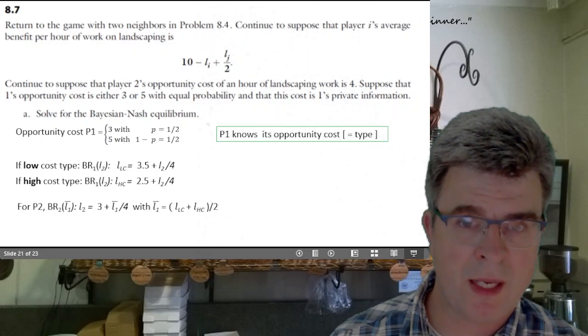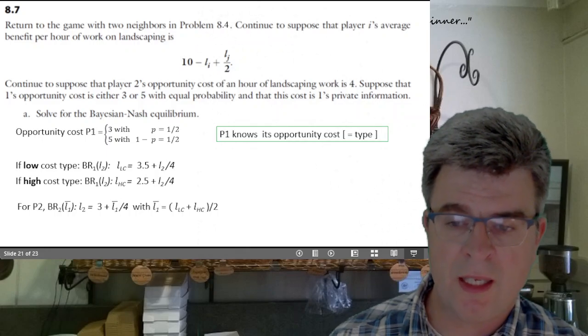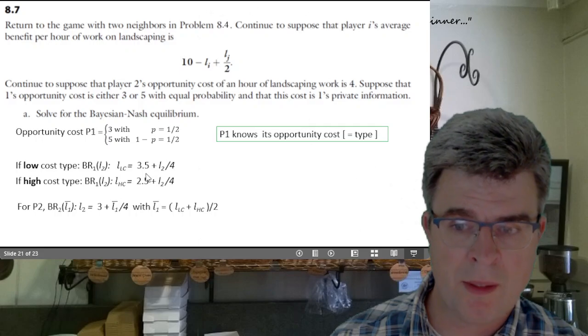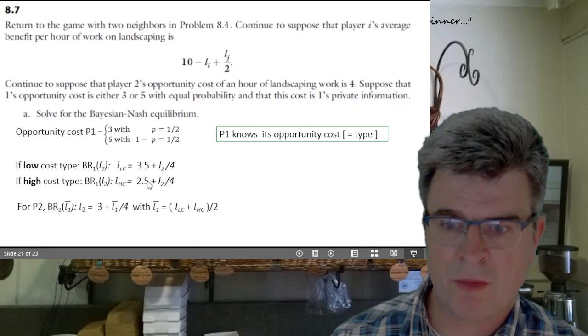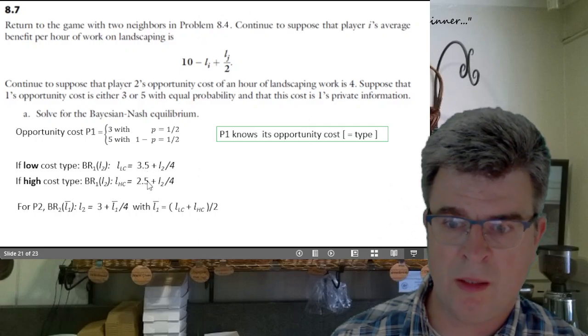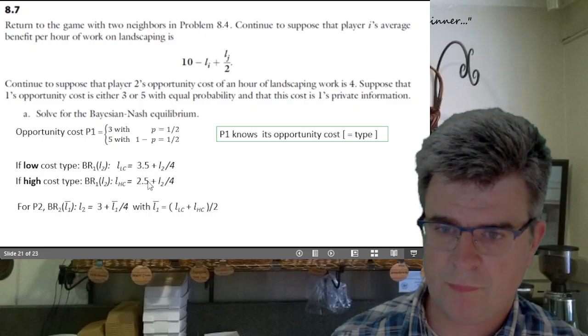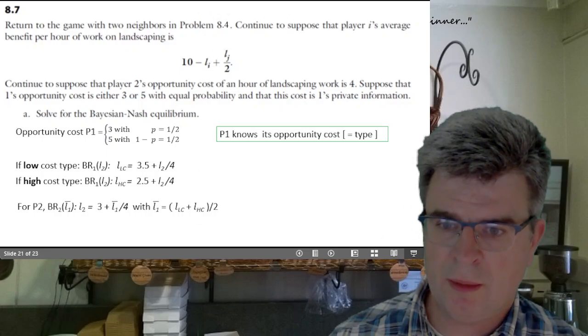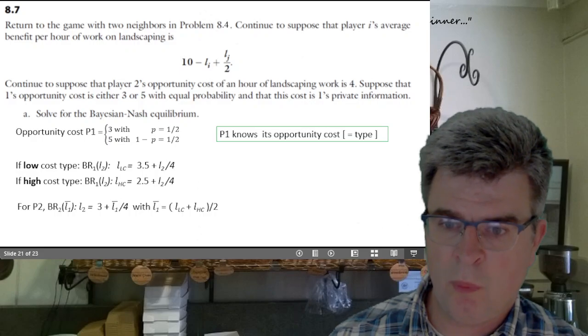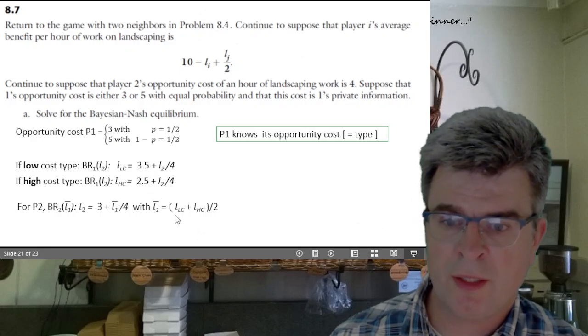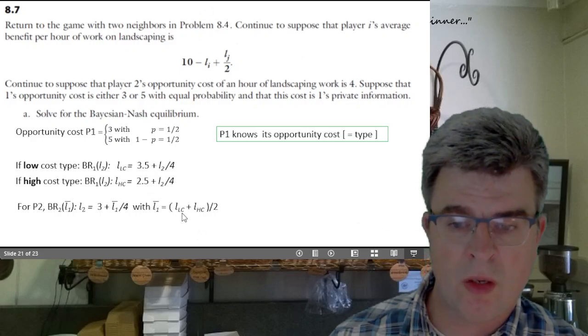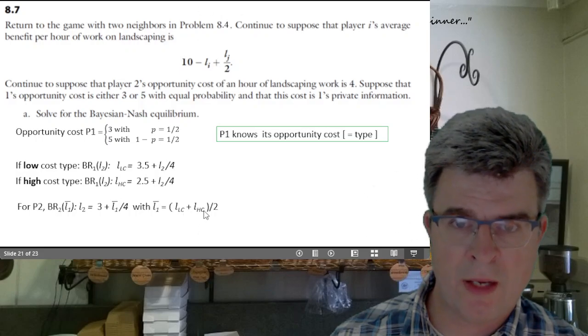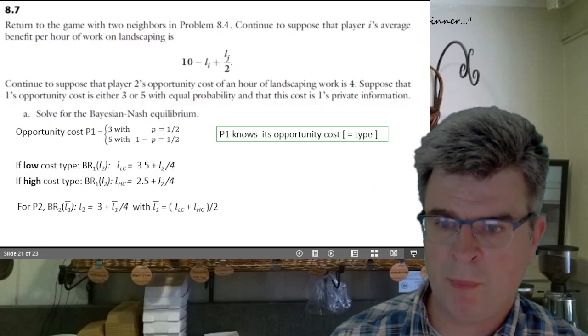Well, the expected action or the average action is the action that player 1 will choose if he's of the low type, which happens with probability 1/2, and when he's of the high type. And the L1 bar is really defined as the average of the low cost and the high cost effort that the neighbor will make.